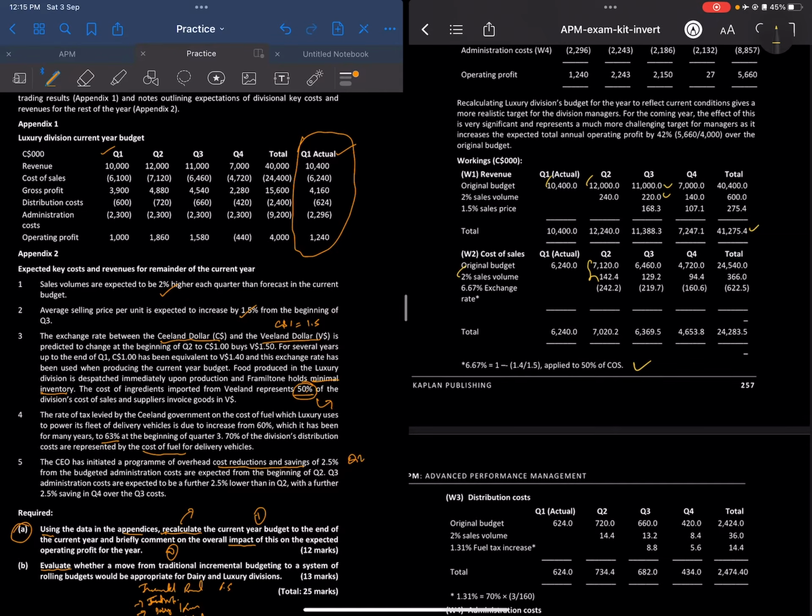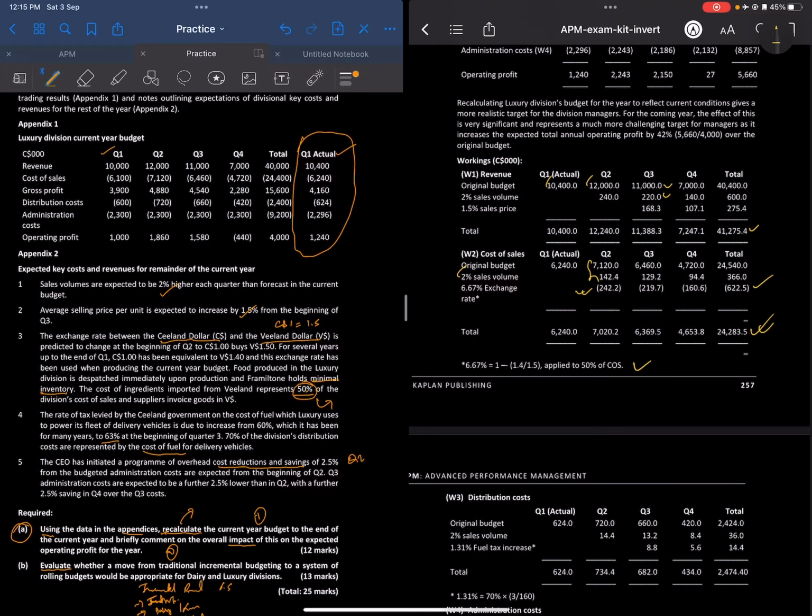Out of that, 50% would be your current cost, and then your cost would be reduced by how much? 6.67% of that. So the cost reduction would be 6.67%. That's why they have put it in brackets.